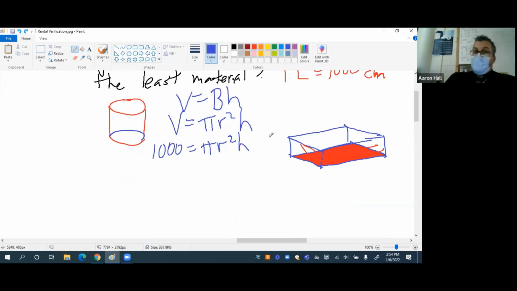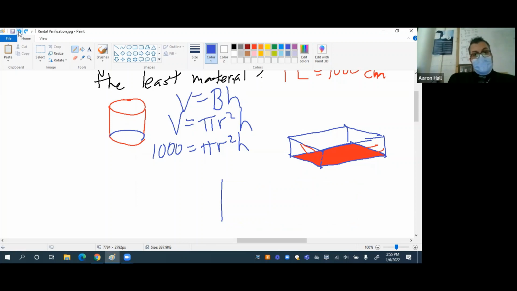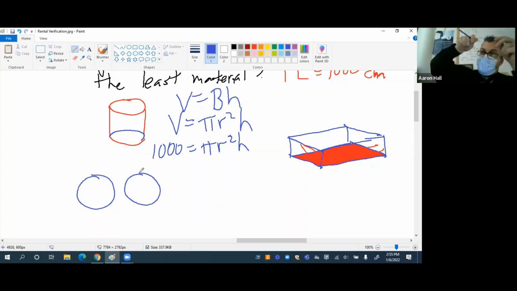If I have a sheet of metal, what needs to be cut out of the sheet to make a cylinder? Yeah, 2 circles, and then, just like the label around a can, if you undo the label, it's a rectangle.